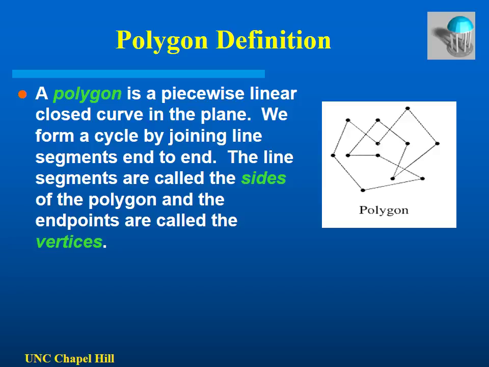A polygon is a piecewise linear closed curve in the plane. We form a cycle by joining the line segments end to end. The segments are called the sides of the polygon, and the endpoints are called the vertices. So the vertices are the heavy dots, and the lines between them are the sides.